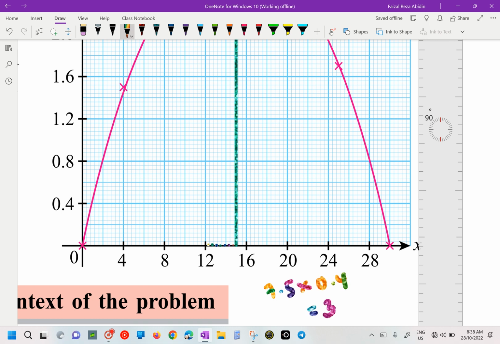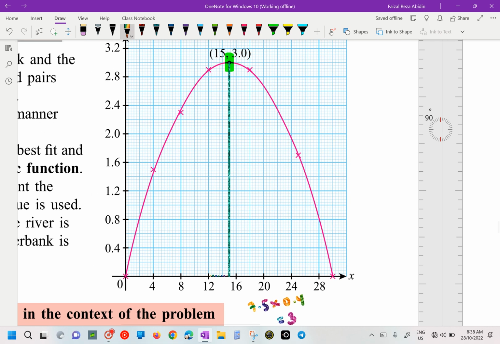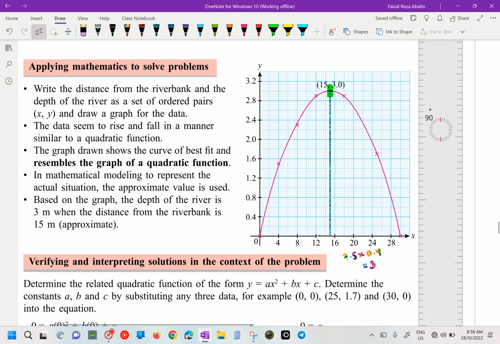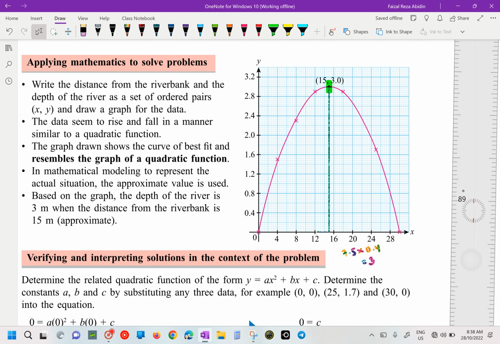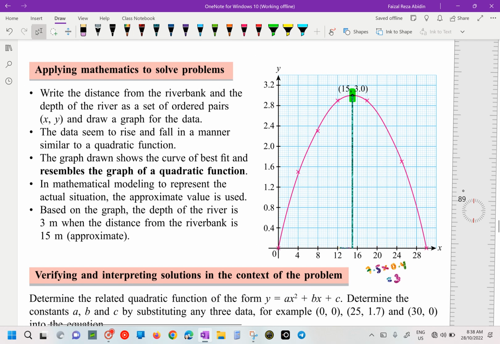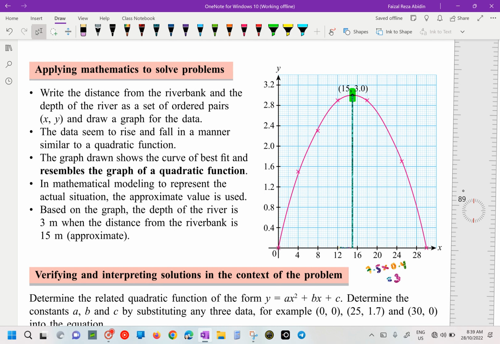So 12 plus 3? 15. That's why our answer here is 15 there. Okay, so the deepest one is going to be 15 meter from our river bank.